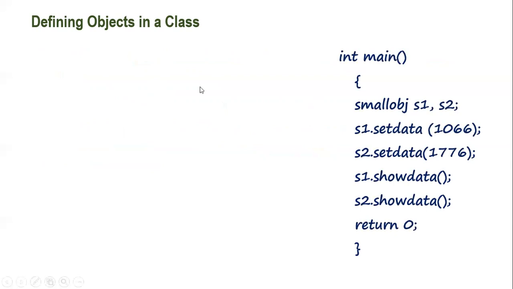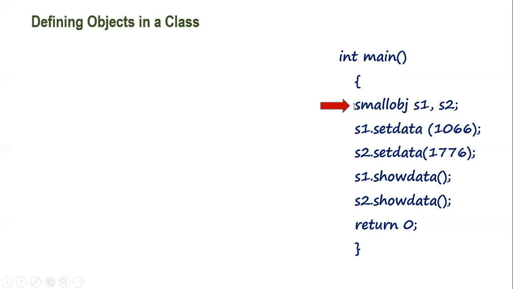Now we are going to see how we define objects in a class. This is the same example, but now the next part where we define the objects. Here we can see that after defining the main function, int main, after opening the braces, the first instruction is that you put the name of the class, which we had defined as small obj.